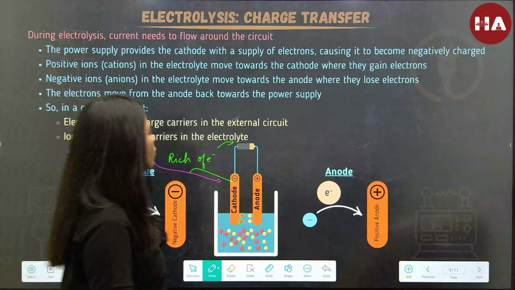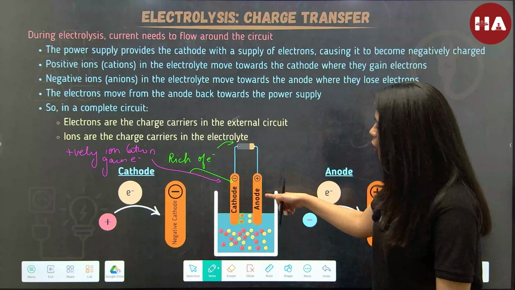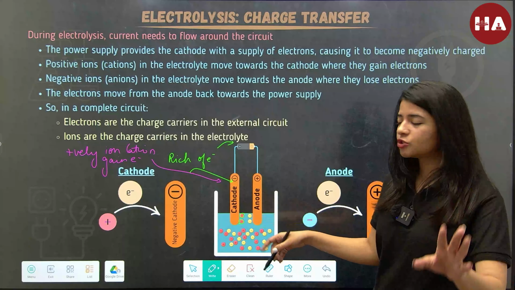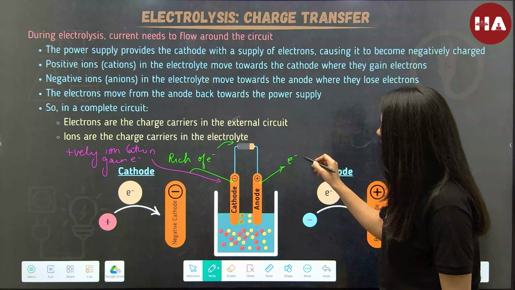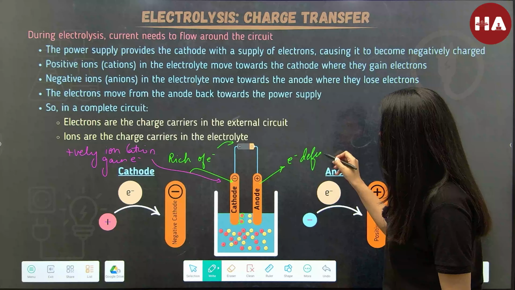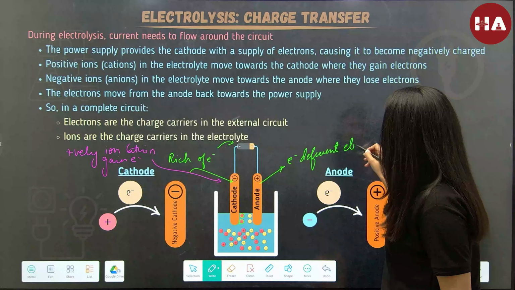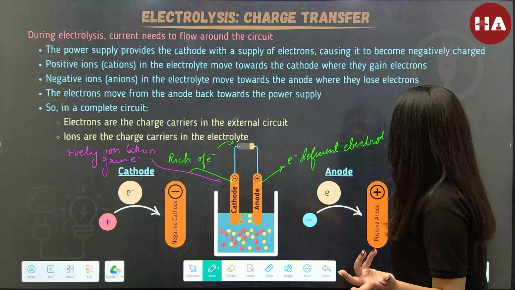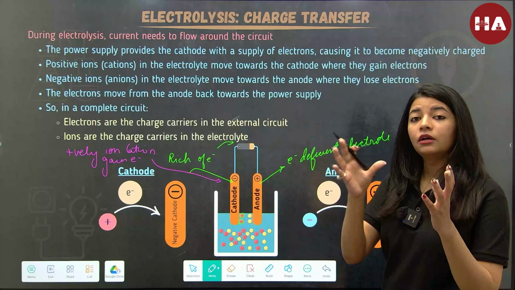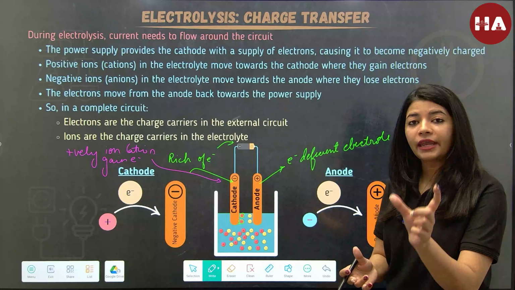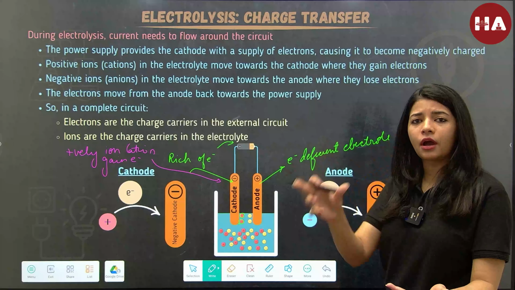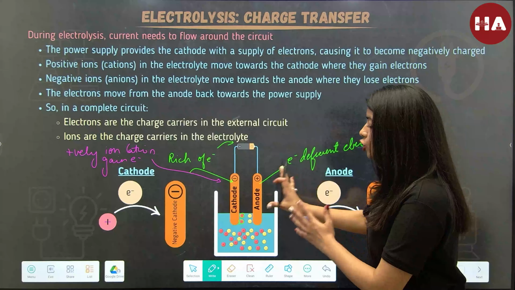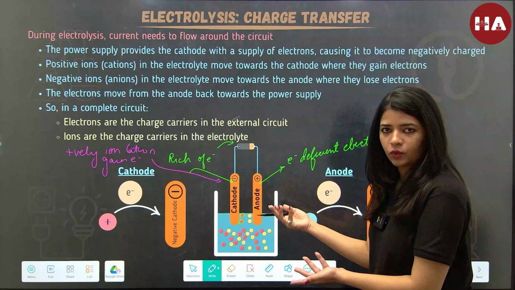Now let's talk about the anode. So the anode is a positively charged electrode, which means that it is an electron deficient electrode. It doesn't have electrons. So what species will come? Which ionic species will come? The ionic species which is full of electrons, which is rich in electrons, will come to the anode and it will donate its electrons to the anode.